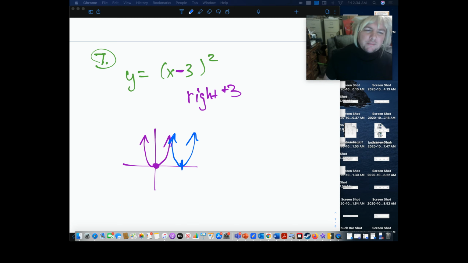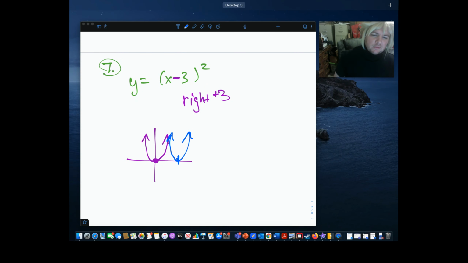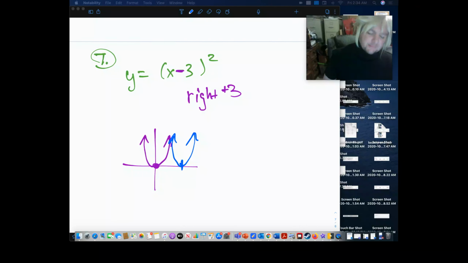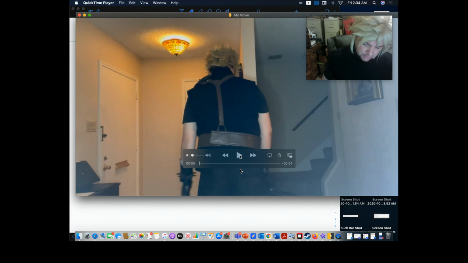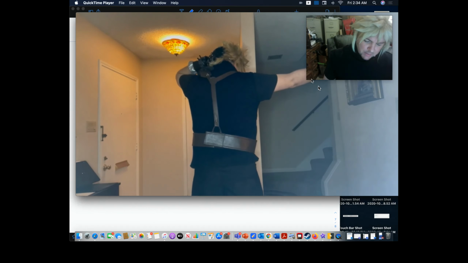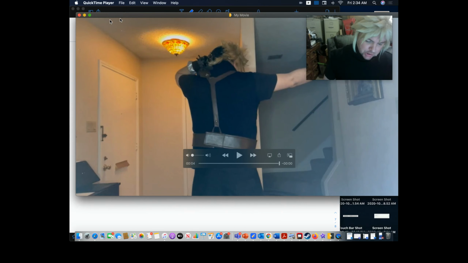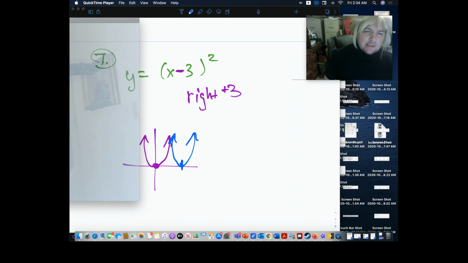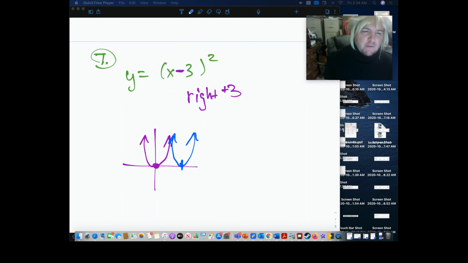What's going on here? Curious what the next move is. Let's see. What's the next dance move? Oh, the arm is going out, which means it's a shift to the right. Brilliant dance move. Love it. Absolutely fantastic.